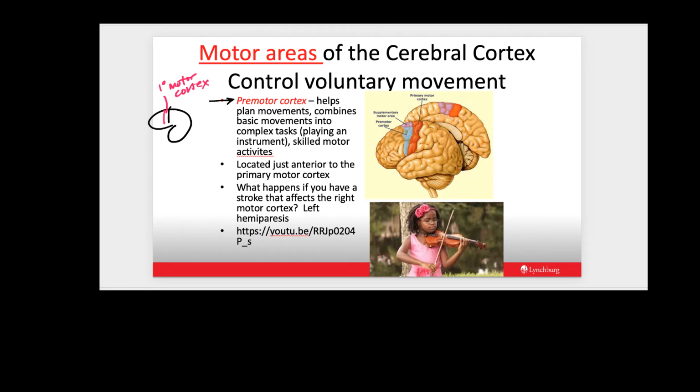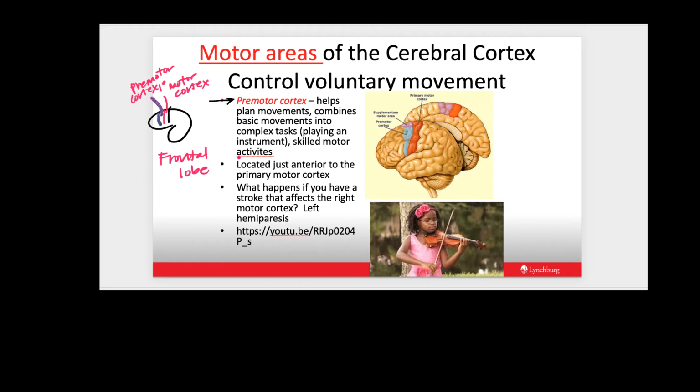Now, just in front of that, we're going to have another area here, which is going to be our premotor cortex. Okay, this is going to be frontal lobe, and that's going to be higher level cognitive functions.